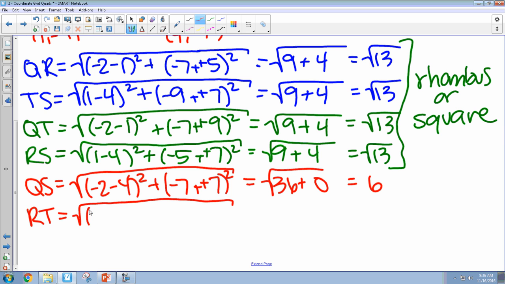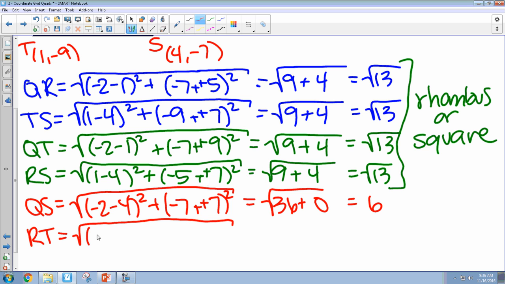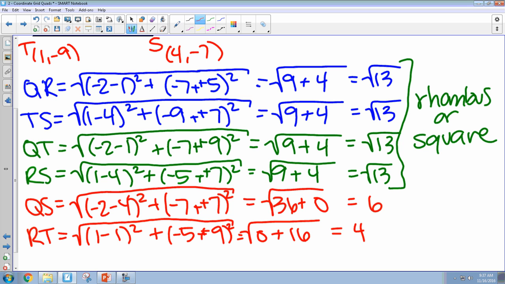So, these I need to be able to see T. (1 minus 1) squared plus (-5 minus -9) squared. 1 minus 1 is 0. -5 minus -9 is 4. Squared is 16. Square root of 16 is just 4. So these are not congruent. That is fine.